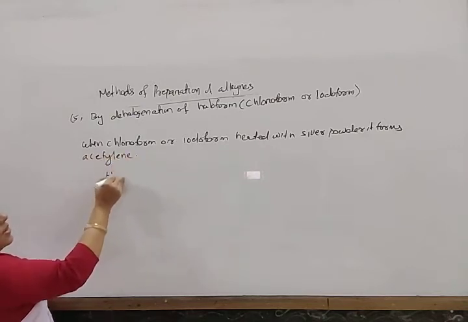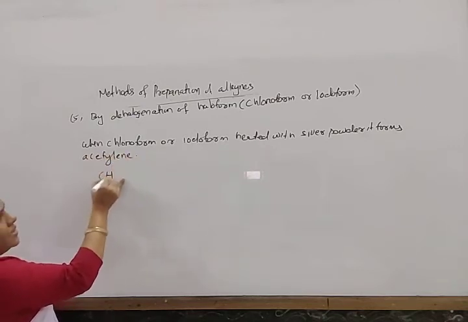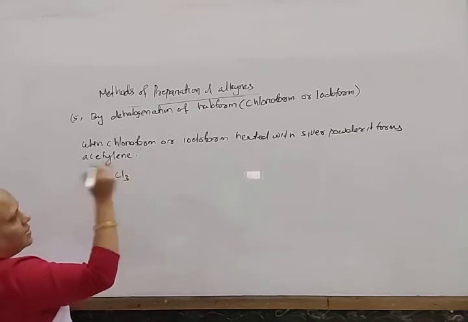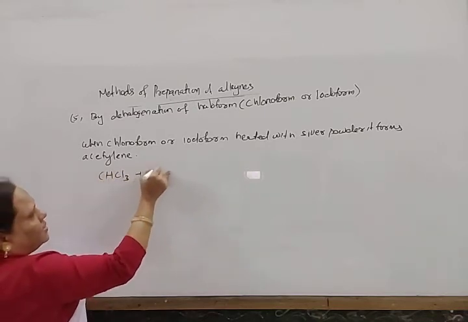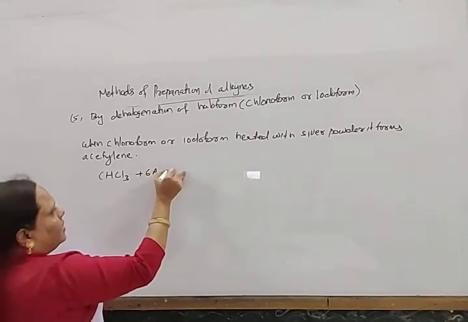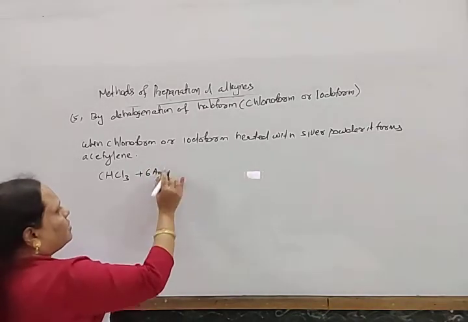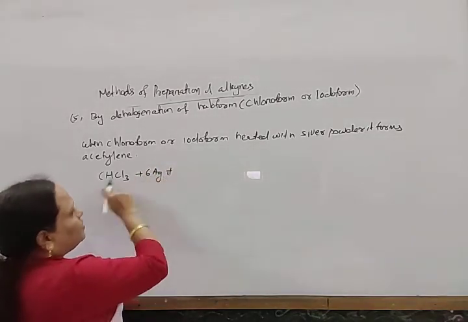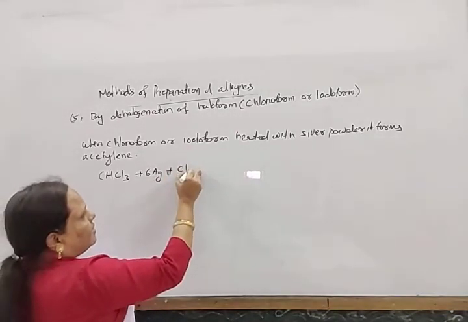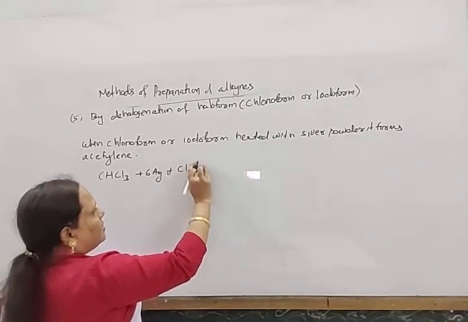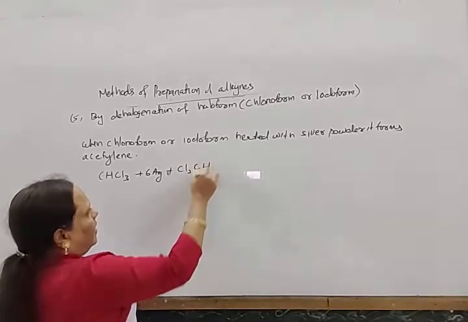Look here, chloroform, that is CHCl3, plus 6Ag. For the sake of convenience I am writing chloroform like this, Cl3CH.